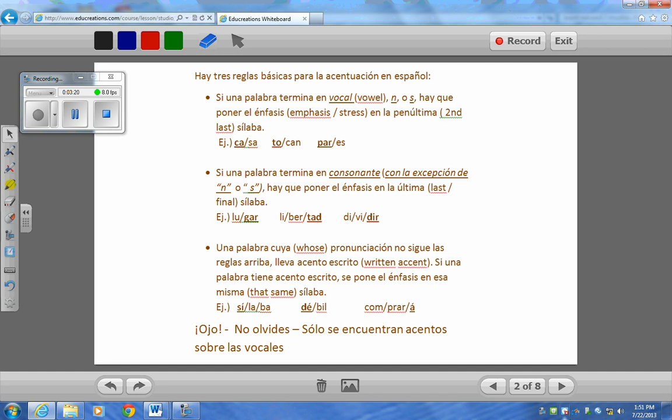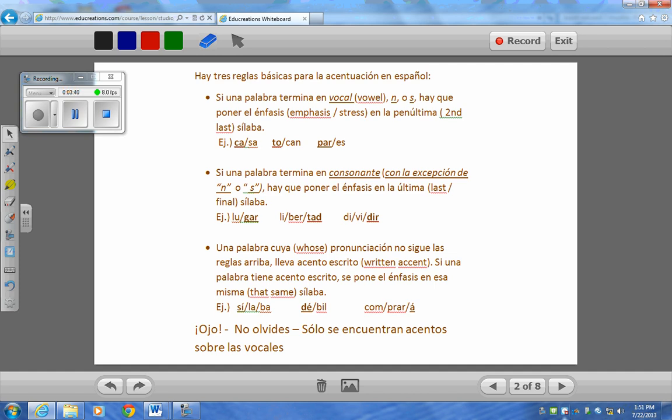Okay, and since we know that word is supposed to be pronounced that way, we know it's going to need a written accent because it's breaking rule 1 or 2. And if it does have a written accent, si una palabra tiene acento escrito, se pone el énfasis en esa misma sílaba. Okay, that is where you're going to stress the word.